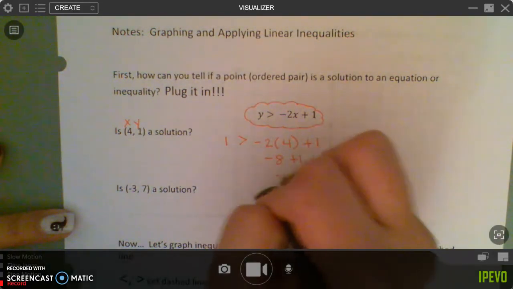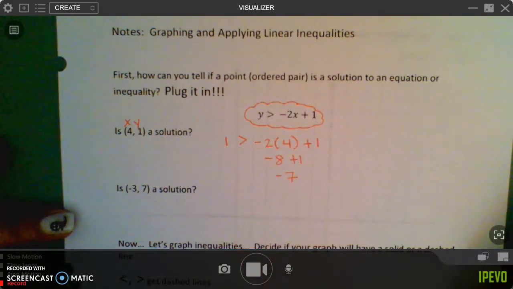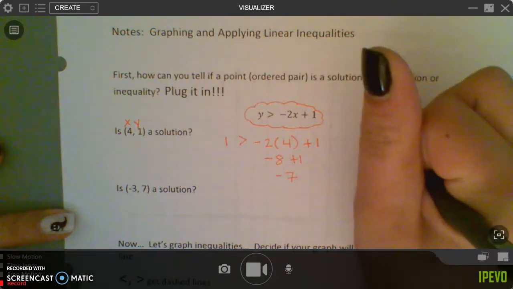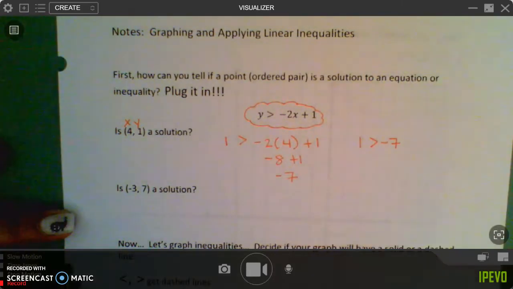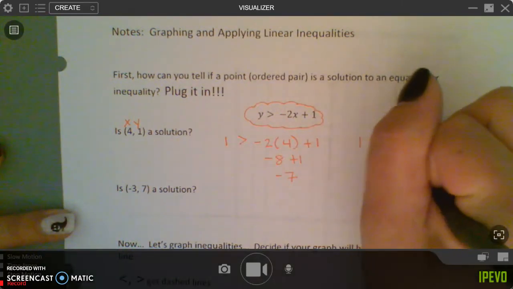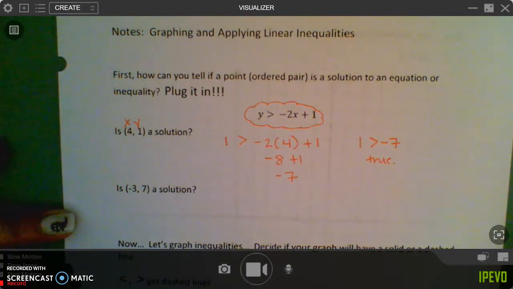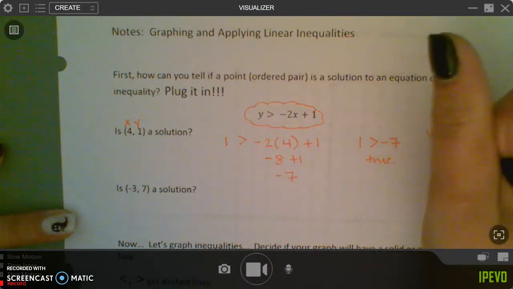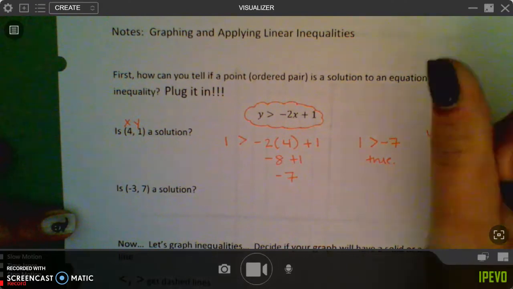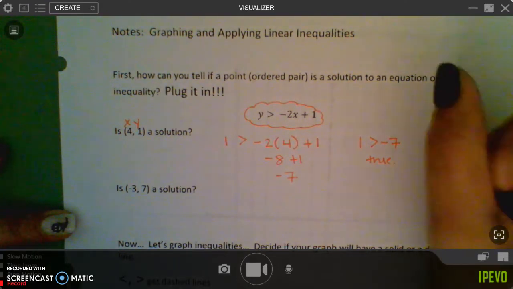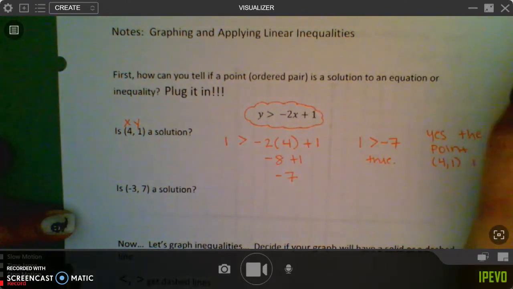So -8 plus 1 is -7. So we are looking at, is 1 greater than -7? Well, yes, that's true. So because that's a true statement, yes, the point (4, 1) is a solution.